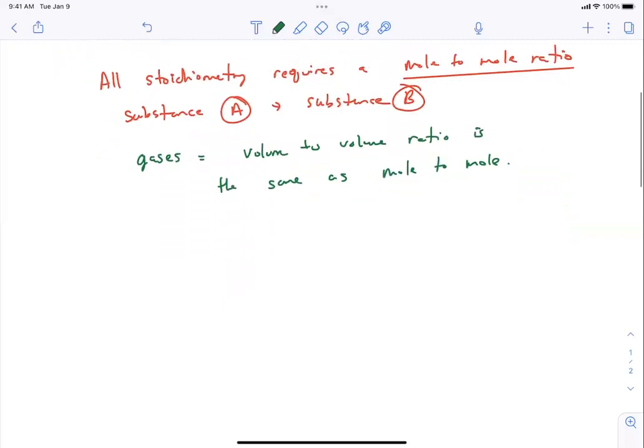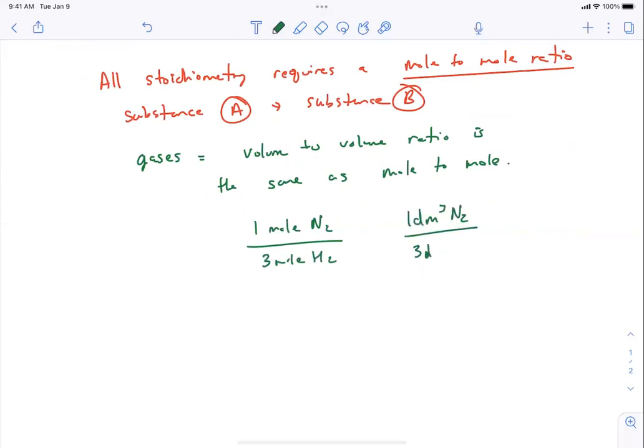So if you have a mole to mole ratio of 1 mole of N2 to 3 moles of H2 gas, that's the same thing as saying 1 decimeter cubed of N2 is equal to 3 decimeters cubed of H2, or even 1 centimeter cubed of N2 to 3 centimeters cubed of H2. These are all equivalent proportions, and you can use them as conversions in the place of a mole to mole ratio.